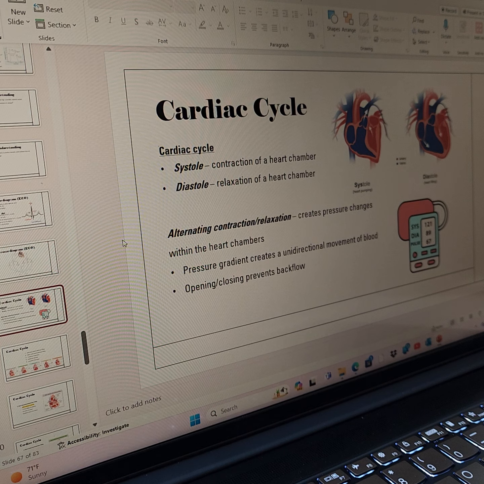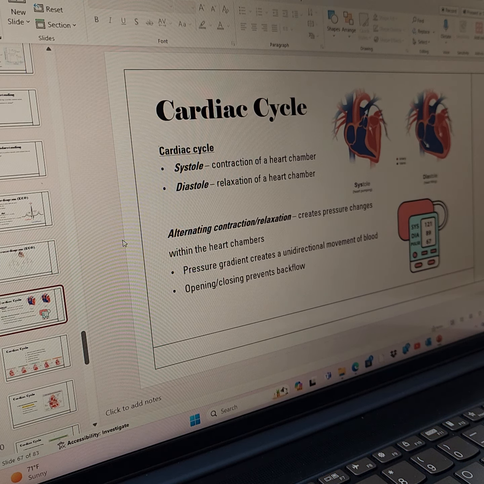Now we're moving on to the cardiac cycle and specific pressure events. We're going to remember that systole is the contraction of the heart chamber, and diastole is the relaxation of the heart chamber. So the systole, or the contraction, is the top number, and the relaxation event is the bottom number.